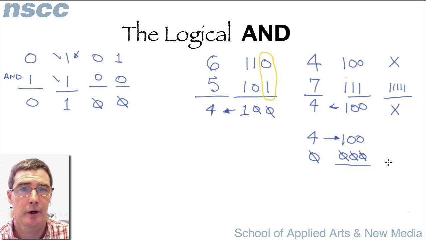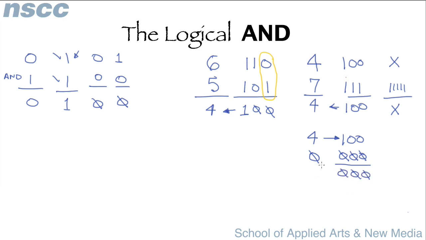That's sort of a programmer's habit, you may see. Anything ANDed with 0 is just going to give you 0. So another property that's important is if I have any number x and I AND it with 0, I'm going to get 0. Now, how do we use this in a network mask?